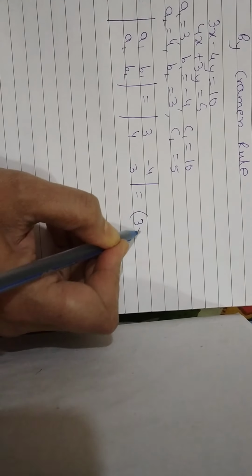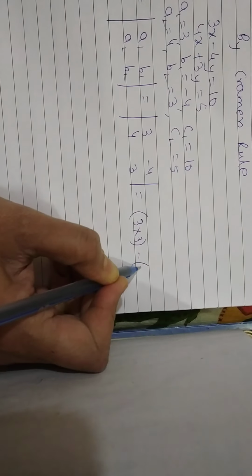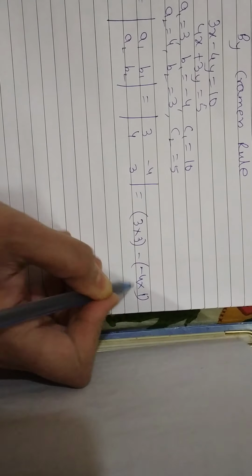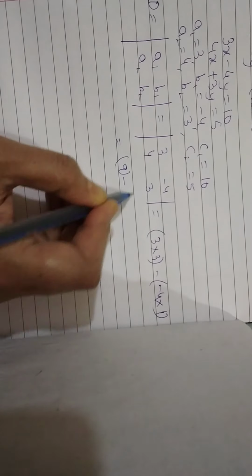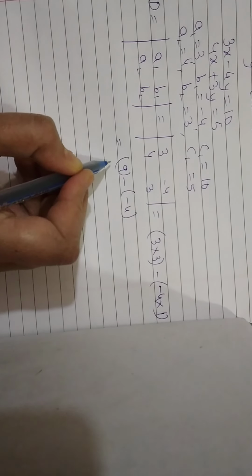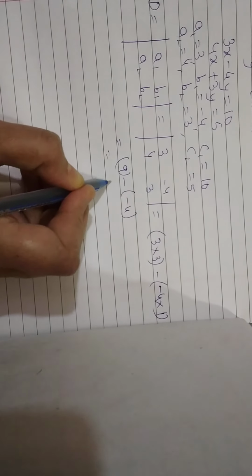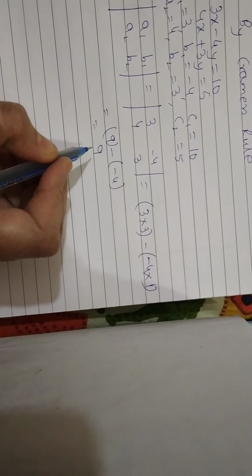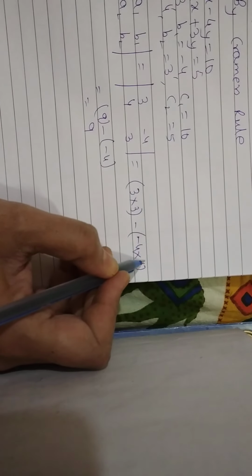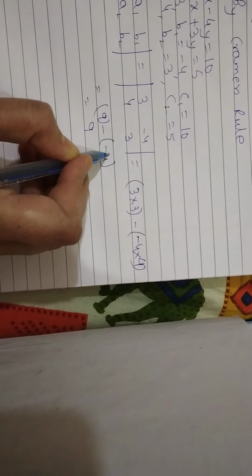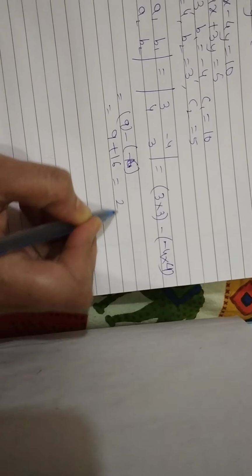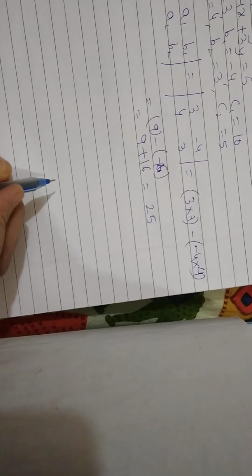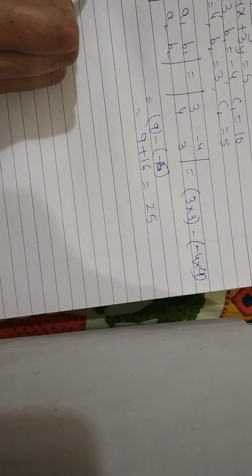Same method, 3 into 3 minus 4 into 4. This will be 9 minus of minus 4, the minus 4 into 4, that is 16, minus 9 plus 16, that is 25.